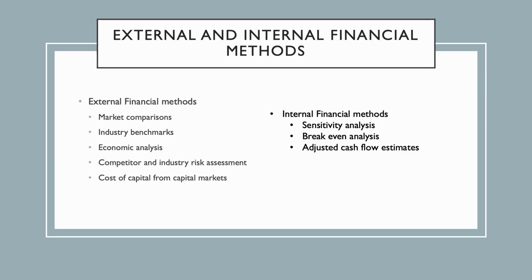External financial methods incorporate market data, economic indicators, industry trends, and credit or market-based measures of risk, while internal methods focus on the company's own models, assumptions, and professional judgment. For this presentation, we will be building a sensitivity analysis for Lovingly Guided, which falls under an internal method.